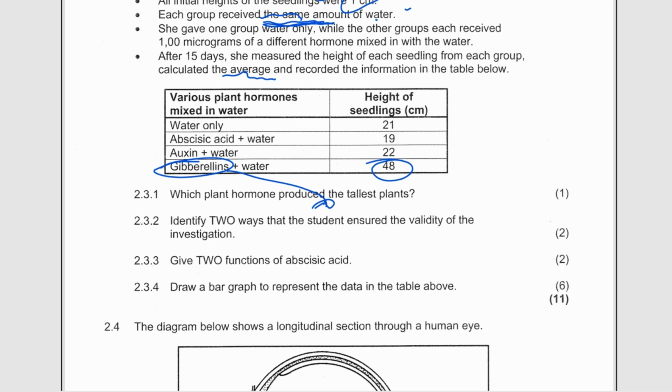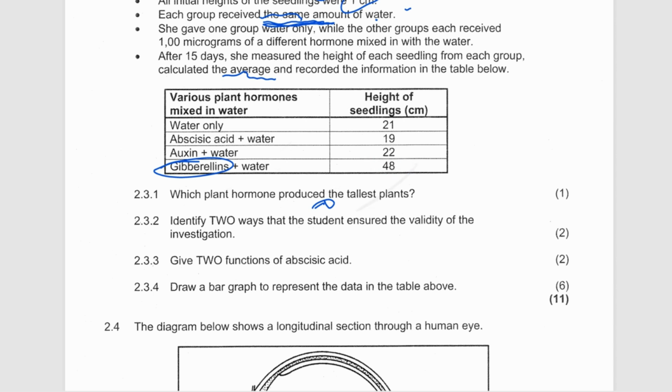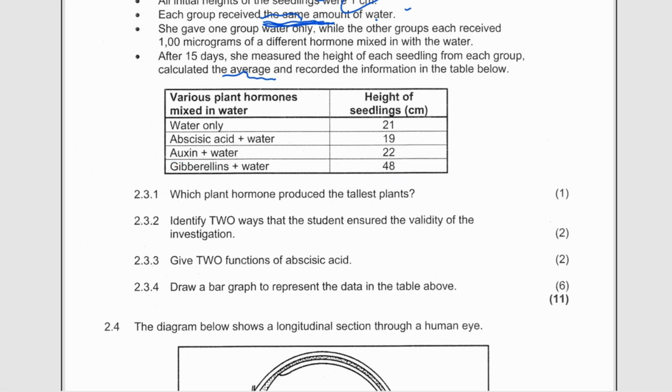They're saying draw a bar graph to represent the data in the table below. I also talked about this, and said that when they say data here, this one is going on the x-axis, this one on the y-axis, the independent variable and the dependent variable.